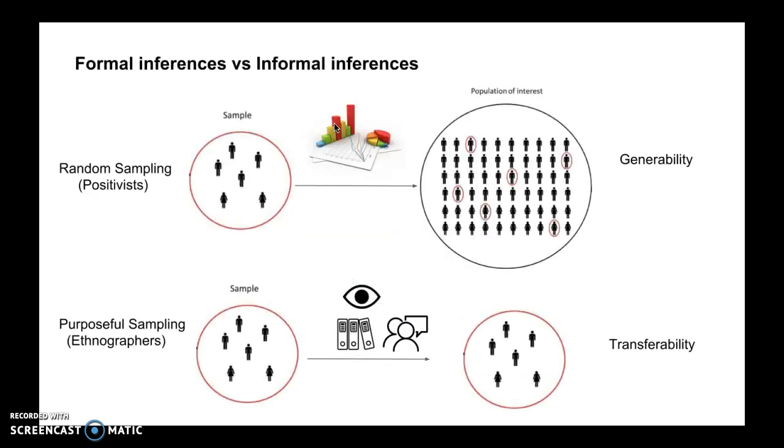Another difference is formal inference versus informal inference. Most positivists like to use random sampling because they believe that with the power of statistics or probability theory, the results of the study can be generalized to the entire population. So they prefer generalizability of their results. But ethnographers choose purposeful sampling. They are not relying on statistics that much.